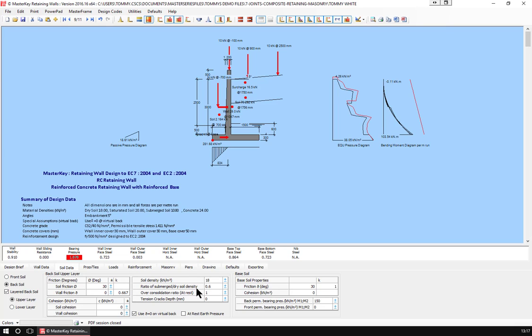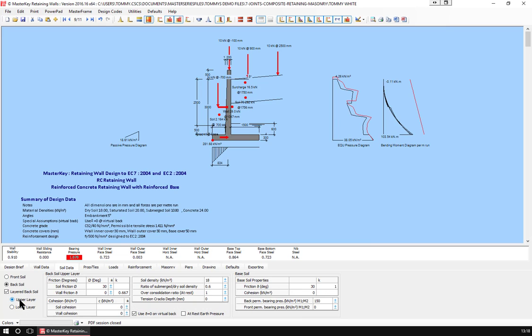You'll see we have all these mobilization factors and friction factors, and we have them for the back and the front soil. And for the back soil, we have stipulated that we want a layered, so the upper soil and then the lower soil. In this case, the upper and lower soils look to be pretty similar.